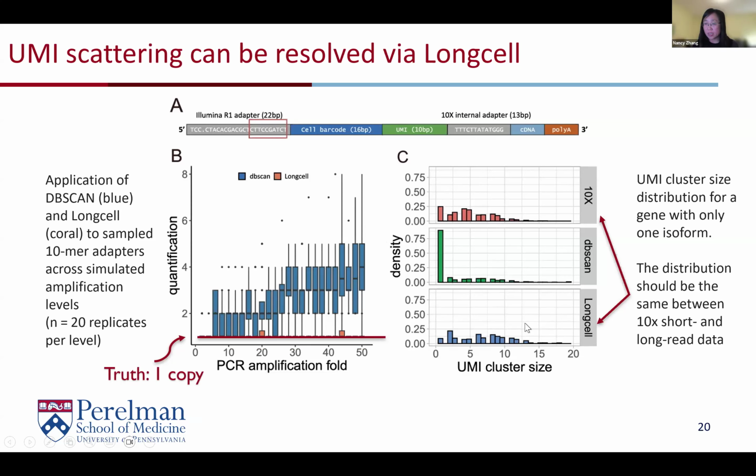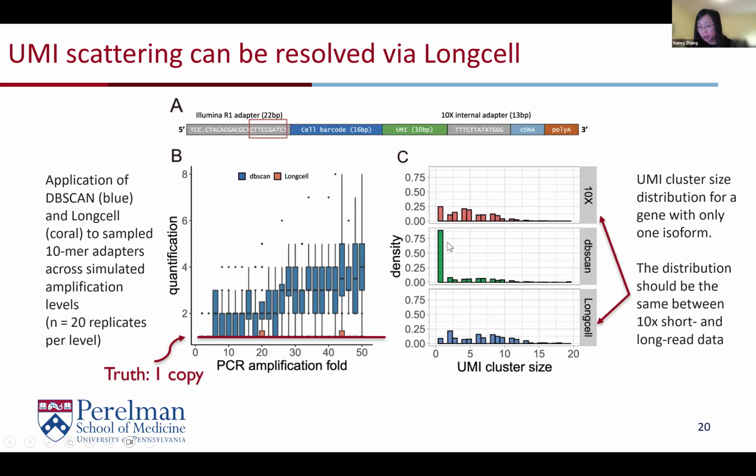This is simulation, but this is real data. In real data, we had a single cell data set where we sequenced both using short and long read. So 10x is short read, this LongCell is long read. And you see that if you don't do this scattering correction, which is this DP scan procedure, the baseline procedure, you will see a lot of these small UMI clusters.